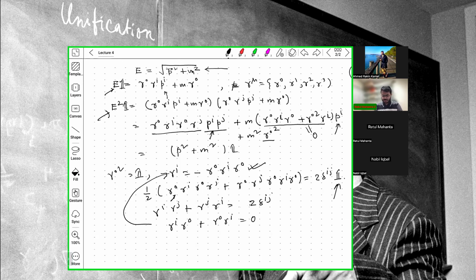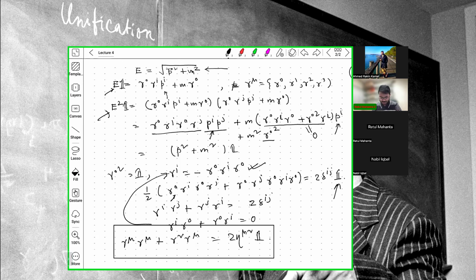Okay, so you can combine all of this in a single relation, which is the anticommutator of gamma mu and gamma nu equals 2 eta mu nu times identity. This should be the final relation that combines all the formulas written above.